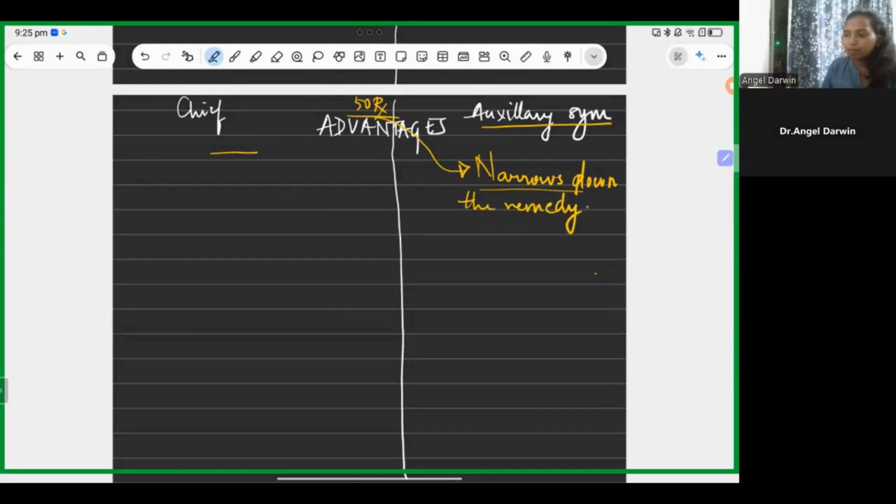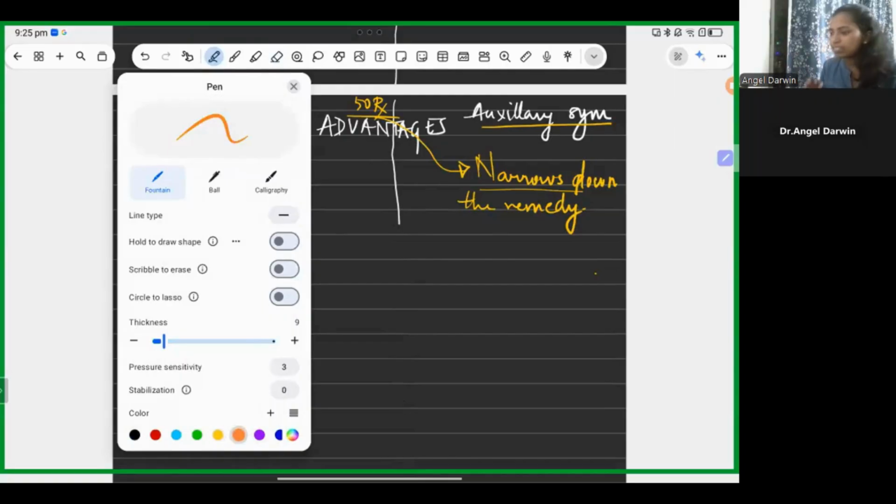Okay. Now, Dr. Robert has compared this chief symptom and the auxiliary symptom in a metaphorical way. Everyone knows a fabric, right? For example, there's a fabric here. This is a basic pattern.